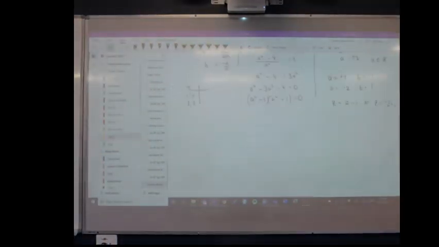Now, if you were to sketch those on the Argand diagram, if you just sketch those two solutions for me. So where's 2 minus i and where's negative 2 plus i? Can you just sketch those 2 points for me on the Argand diagram?